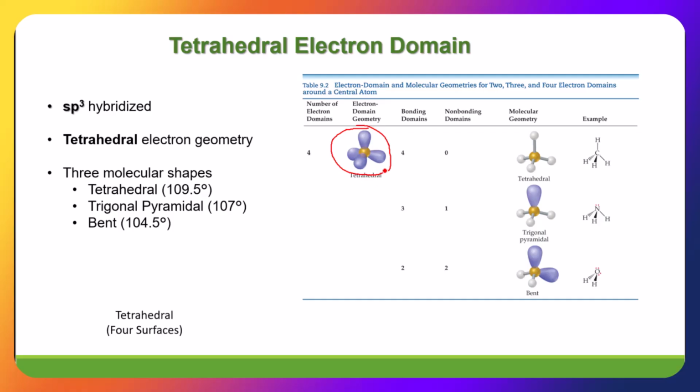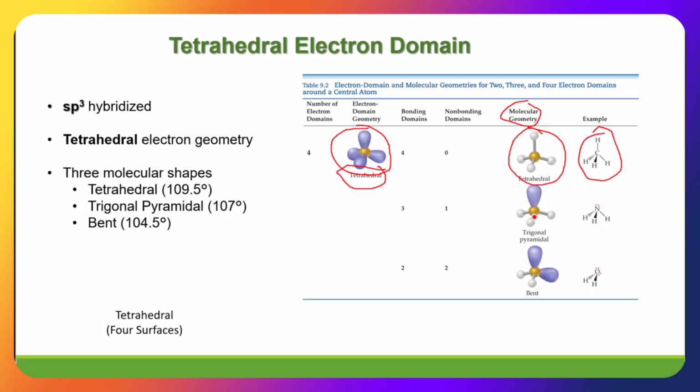That automatically tells you tetrahedral electron geometry. Bonding domains are 4. No non-bonding electrons tells you that you've got a tetrahedral molecular geometry. That would be like something like CH4 or CCl4 or CBr4. Perfect tetrahedral molecule.